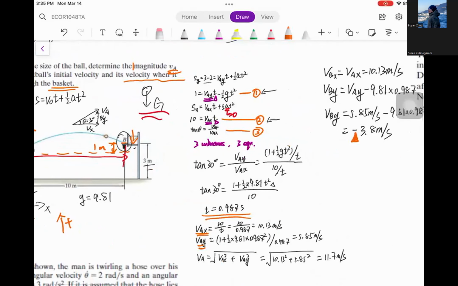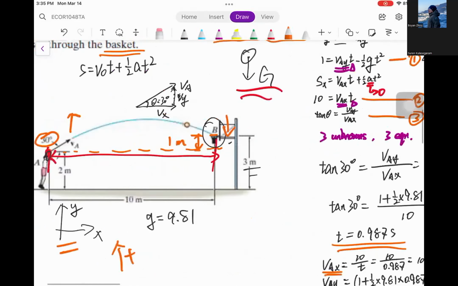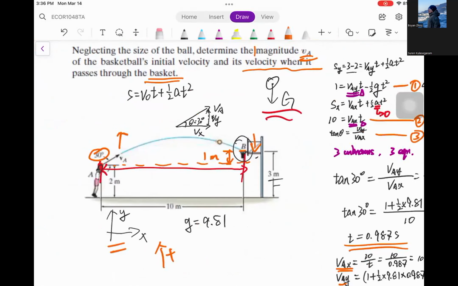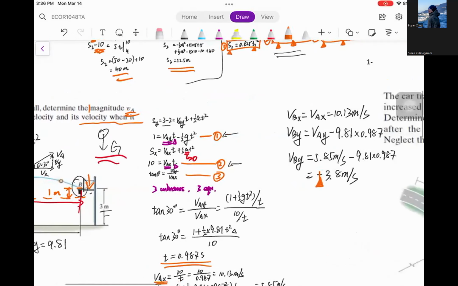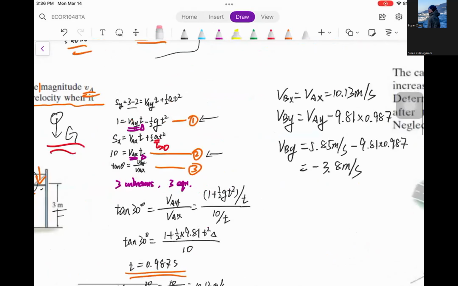So when you're solving exam questions or doing your assignments, you always want to make sure the value you find kind of makes sense. If we got a positive number, it would mean the ball is still going upwards, and that would not make sense. Then you need to go over your calculation again to see what the problem is.